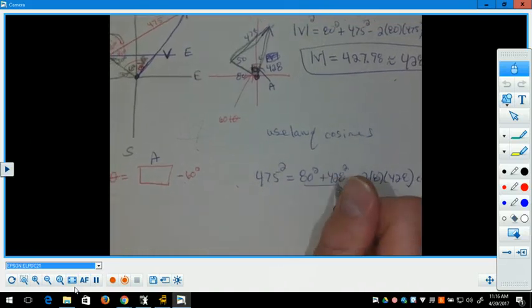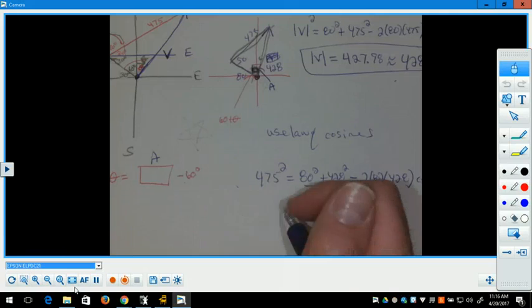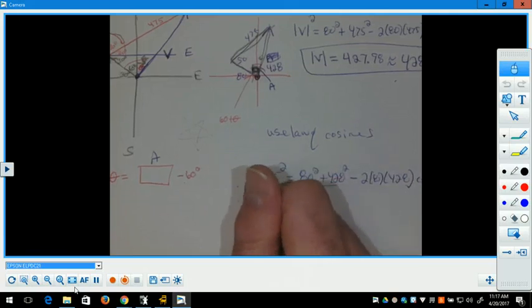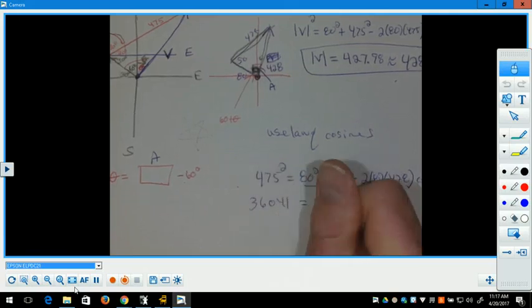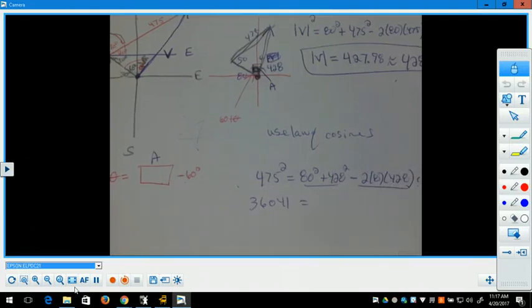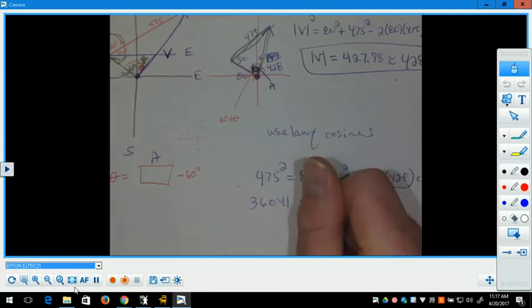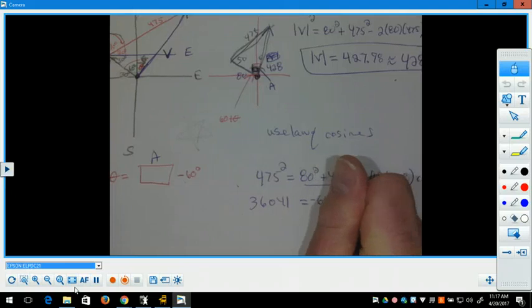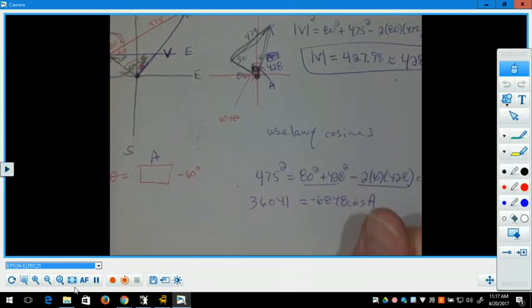So I'm going to do this part and take it away. So we got 475 squared minus the sum of 80 squared and 428 squared, which when I take that away, I get 36041 equals. When I do this, 2 times 8 times 428, I get negative 6,848 cosine of angle A.